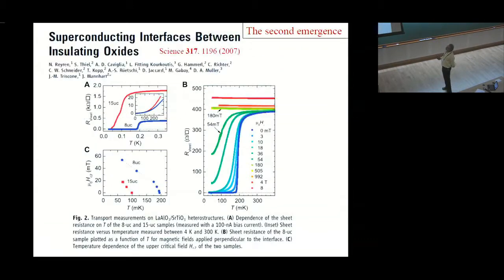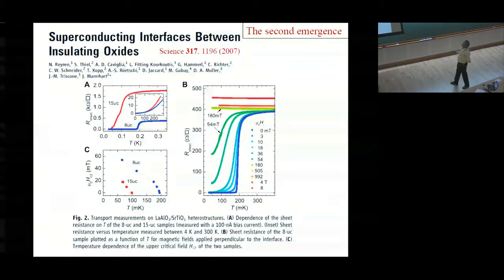So the first emergence was metallicity out of two insulators. Then appeared the second emergence, which is the superconducting interface between two insulating oxides. So this experiment by Rarian and company showed that at around 200 millikelvin, you can actually have a superconducting transition. This transition is fairly sharp.